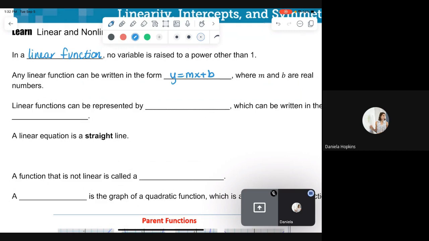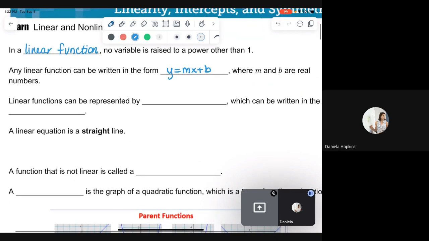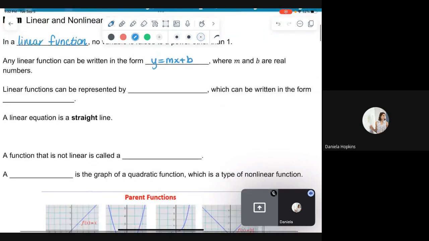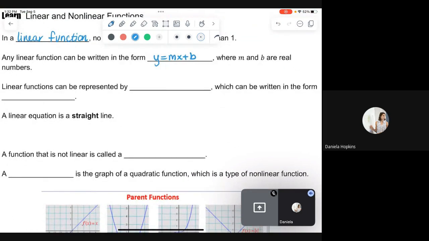This next part, I'm going to write it because it's in our book, but we're not going to use this ever. This is sort of a subtle difference that I don't think we really need to focus on, but linear functions can be represented by linear equations.